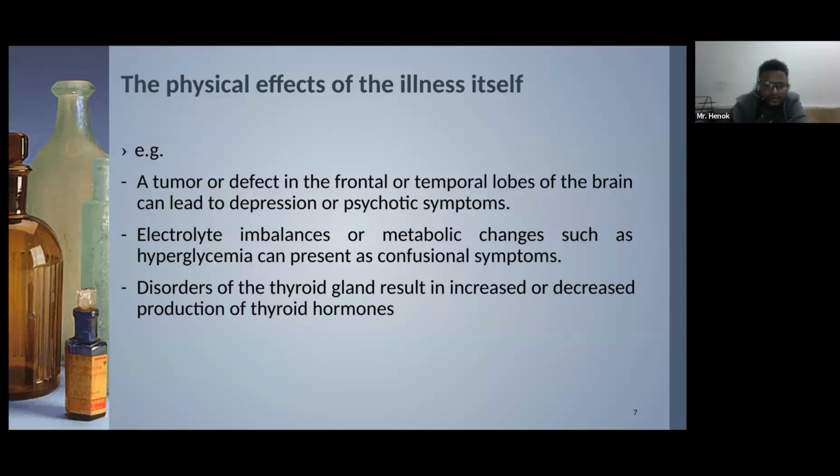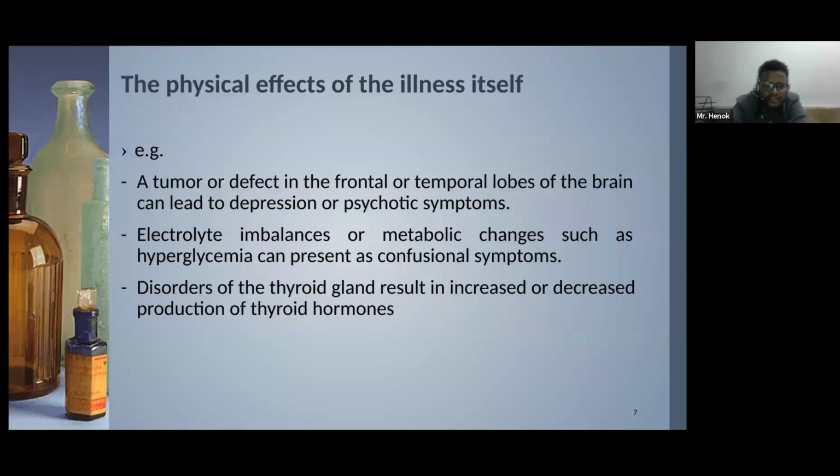Electrolyte imbalances or metabolic changes such as hyperglycemia can present as confusional symptoms, and also disorders of the thyroid gland, for example hyperthyroidism or hypothyroidism, can present with psychiatric symptoms, with depressive symptoms or with bipolar one manic symptoms.